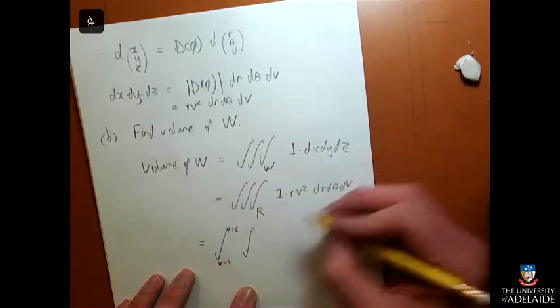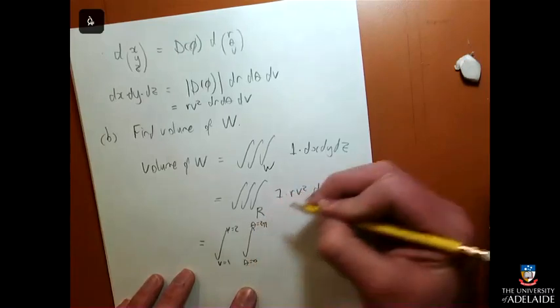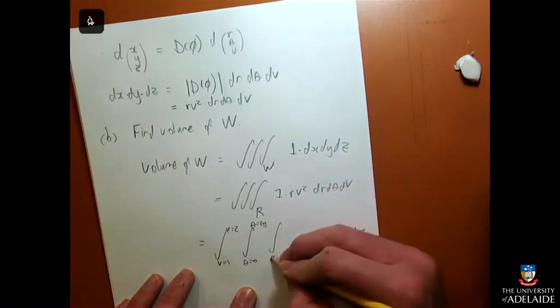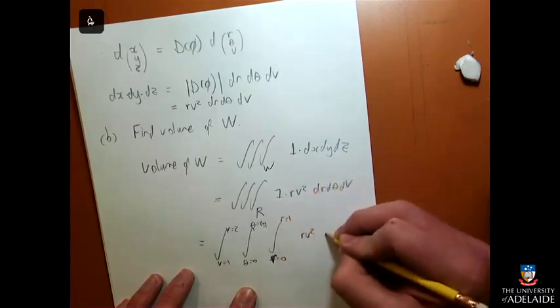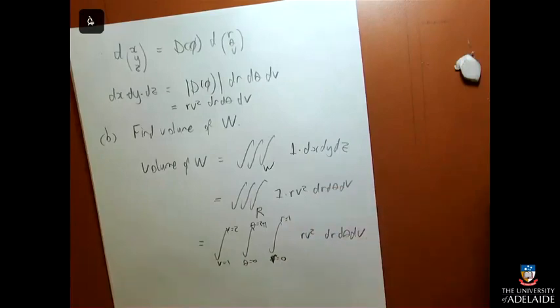And the nextmost one is theta, which goes from 0 to 2 pi. And the nextmost one is R, which goes from 0 to 1. Okay, I've been careful to say which variable is which over here so that I don't get it wrong.